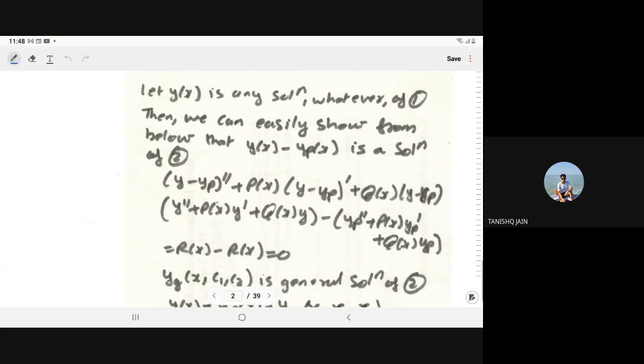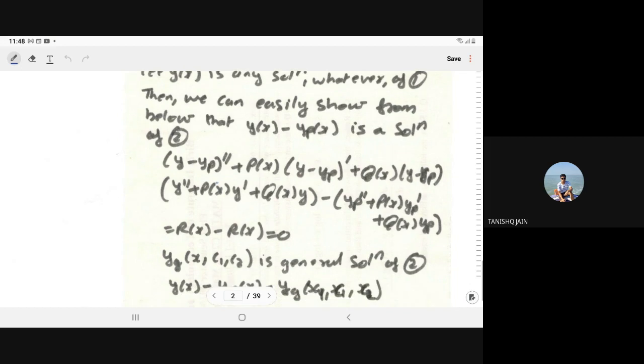So here let y(x) be any solution of the first, then we can easily show from the below that y(x) minus yp is the solution of the second. So in the second we are putting y minus yp double dash plus p(x) into y minus yp dash plus q(x) into y minus yp.